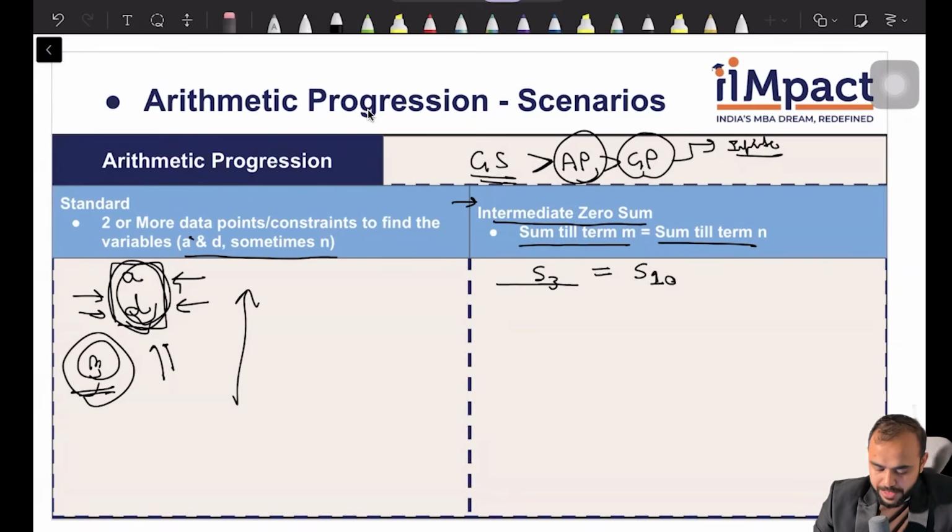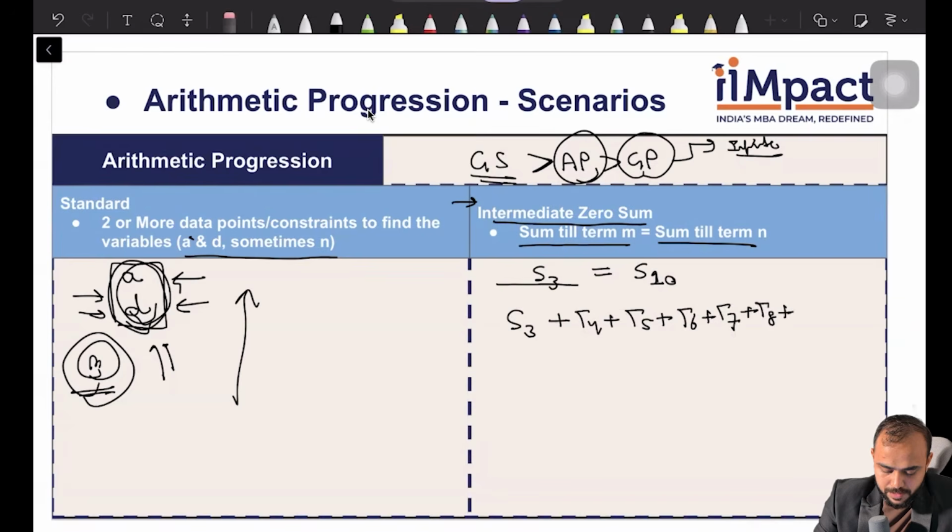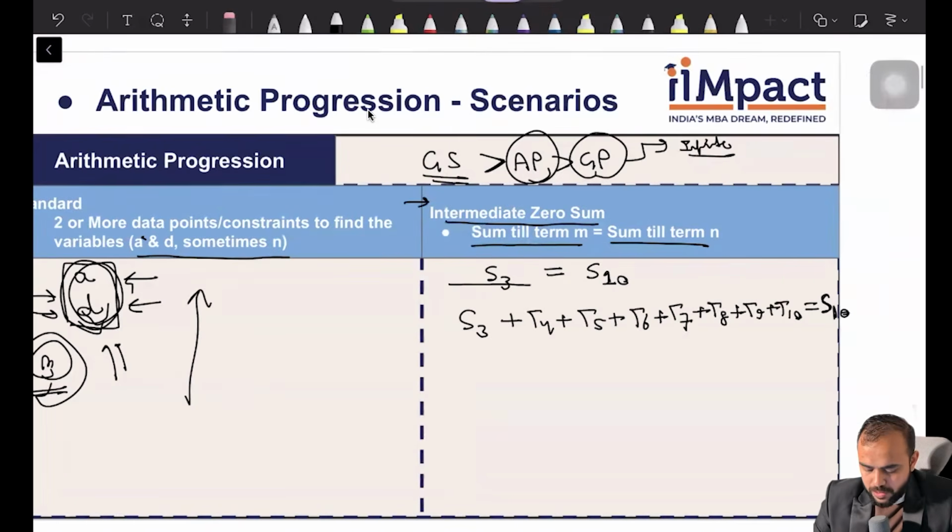Would that mean that the sum of the first three terms plus term 4 plus term 5 plus term 6 plus term 7 plus term 8 plus term 9 plus term 10 is equal to the sum of the first 10 terms? This is what you will write, because S3 includes what? T1 plus T2 plus T3.